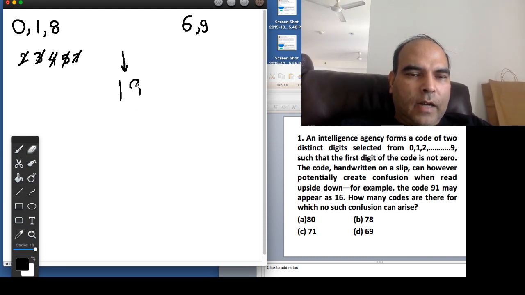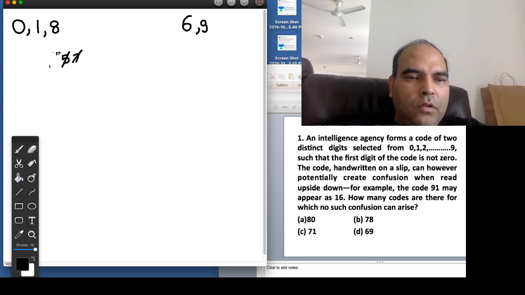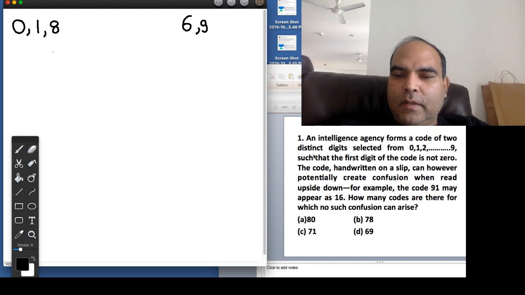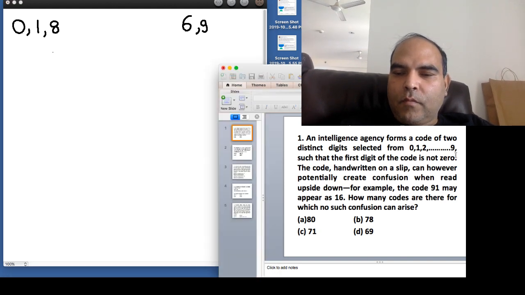we can start trying to work out the codes on which there will be confusion. One more piece of information is important in this question, and that is that the first digit of the code is not 0.